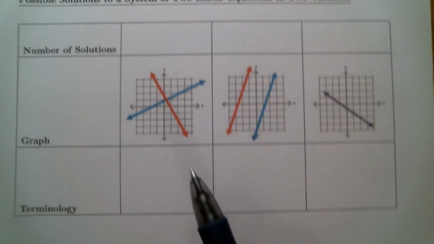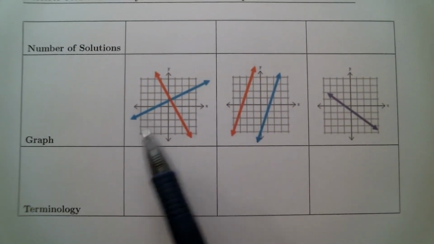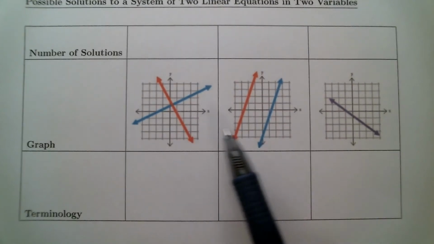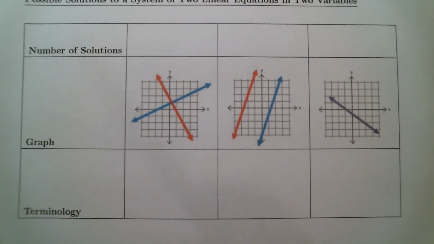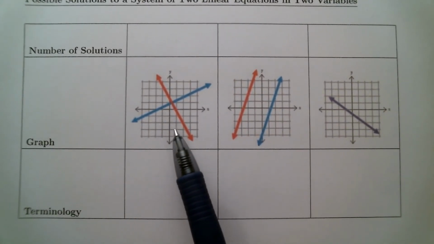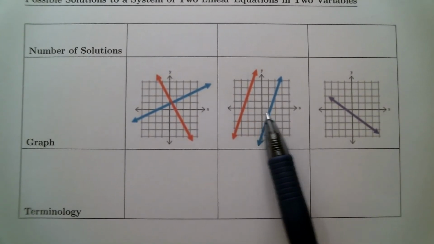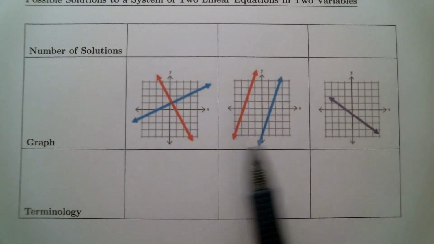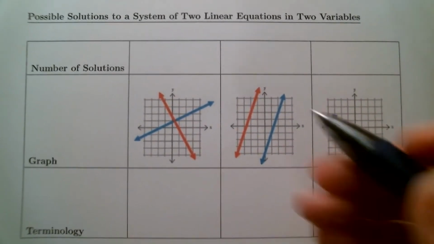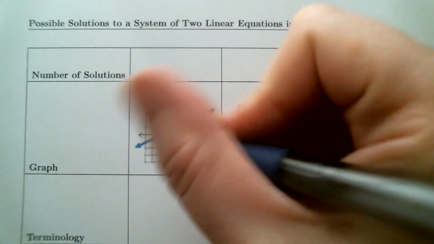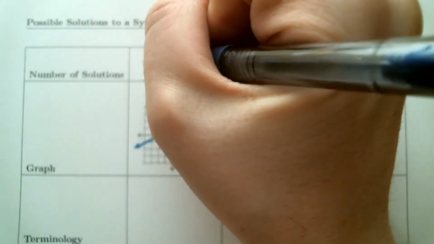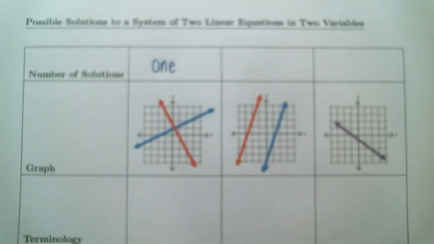What I have on page 5 is a little box, and it's representing every time you solve a system of equations. These are the possibilities. Either your lines intersect once, or not at all, or they are the same line. When 2 lines intersect once, this is one single solution.